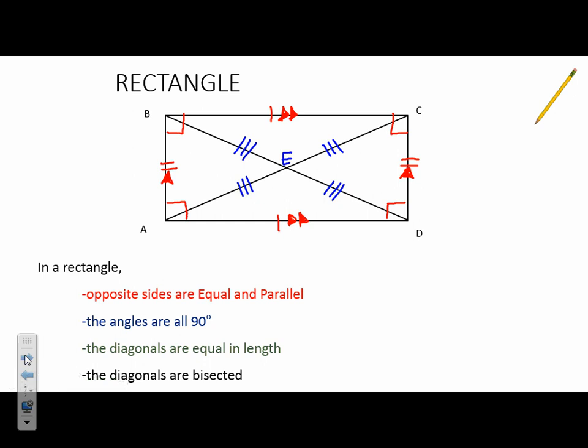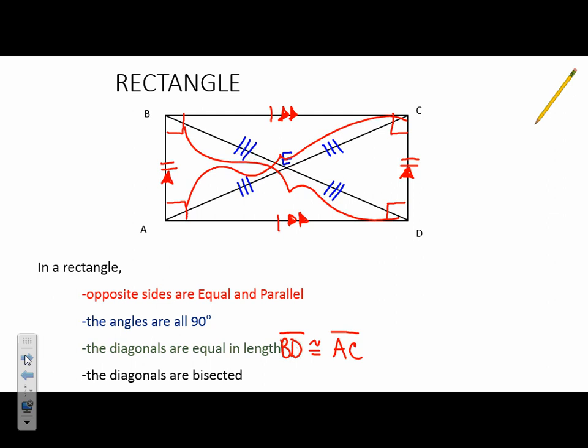So those little slashes that we marked on the last one, they're still good. Maybe we should also be clear that B to D and A to C would be the same length. So maybe up on this other one, I might add that in there. BD is congruent to AC.